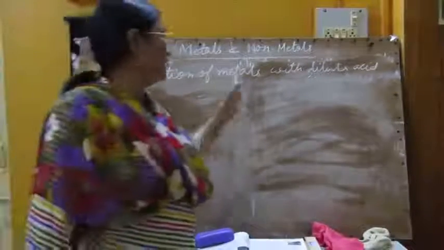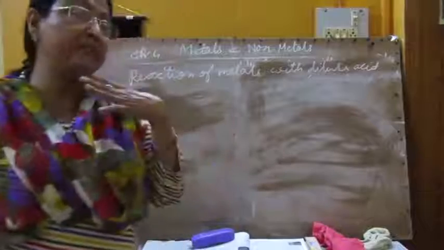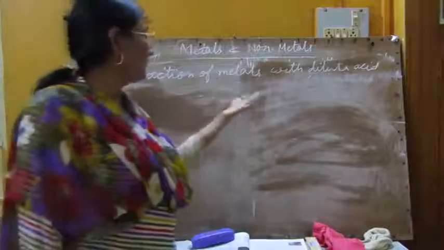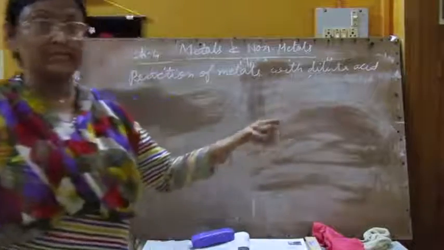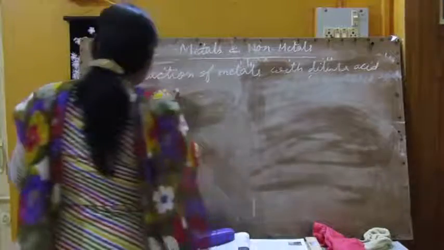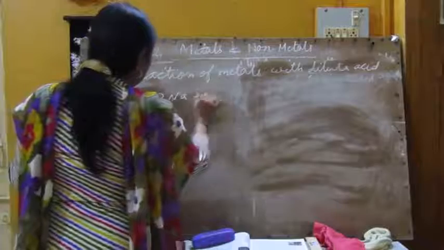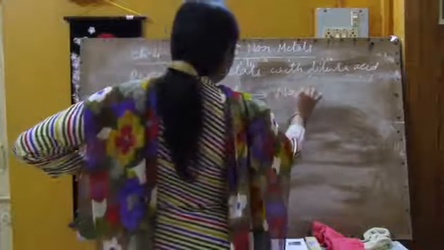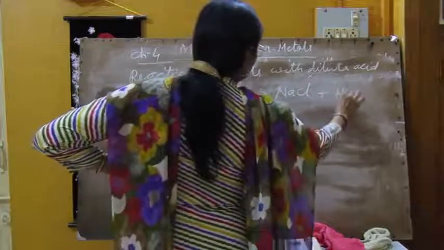So sodium and potassium, as I told you, are very reactive metals. When they react with these acids, they form salt and hydrogen. Let me show you: 2Na plus HCl, I am not balancing, I am just showing you, gives NaCl plus H2.